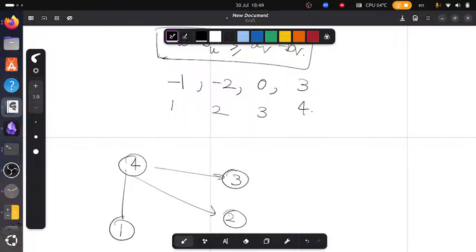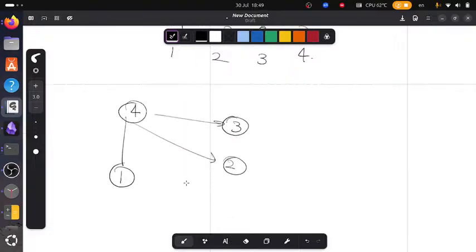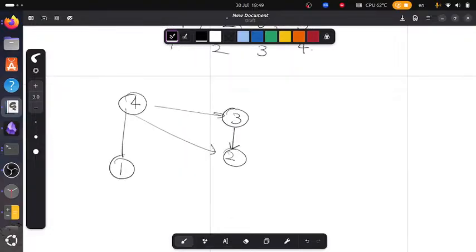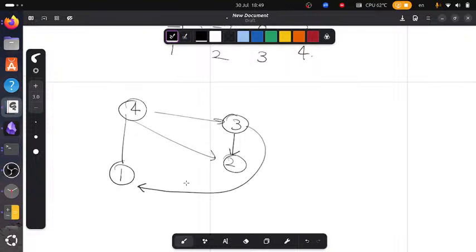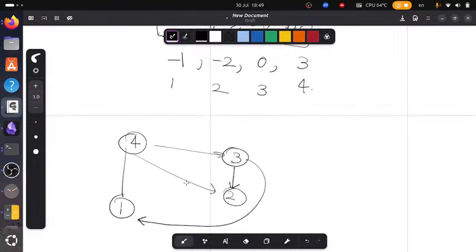And similarly, 3 is going to point to 1 and 2 only. So 3 is going to point here and here. And then 1 is going to point to 2 only, right? And 2 is the smallest, so it can't do anything.